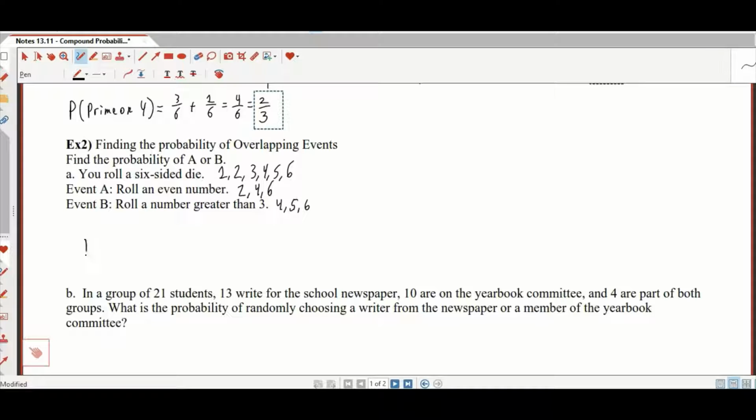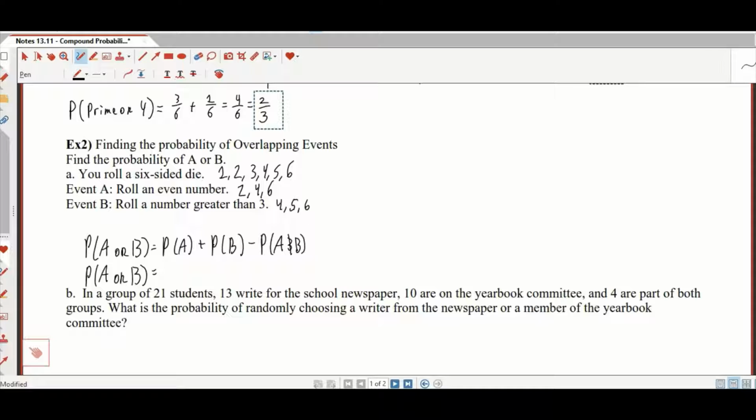So the probability of A or B is equal to the probability of A, and this is something we're going to need to be really familiar with in this lesson, plus the probability of B minus the probability of A and B. So the probability of A, because we don't know the probability of A or B, that's what we're trying to find.